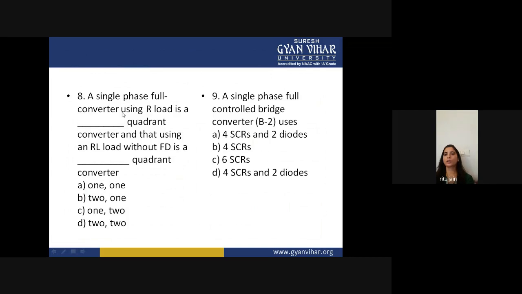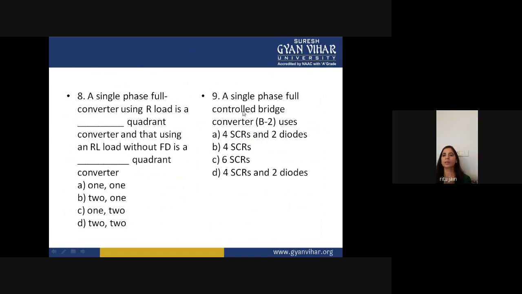A single phase full converter using R load is a one quadrant converter, and that using an RL load without freewheeling diode is a two quadrant converter. In the RL load, the voltage also goes in the negative direction, but the current is still positive. So the right answer for this question is C.